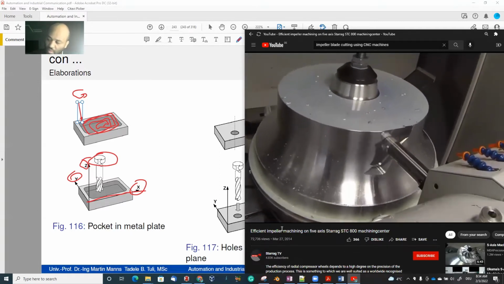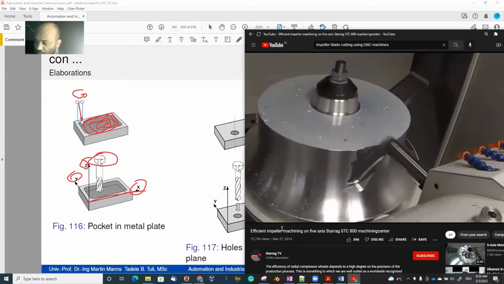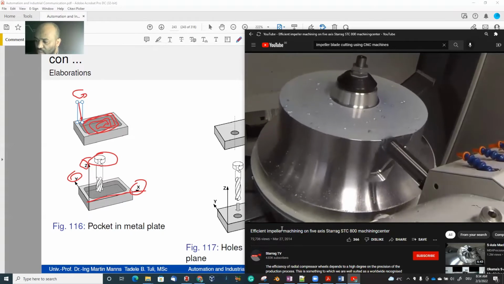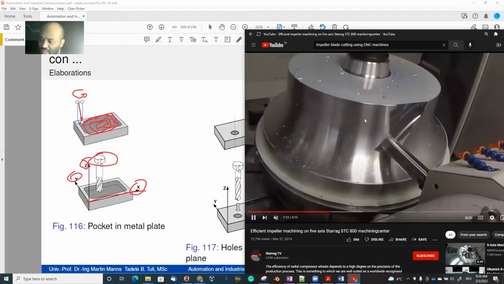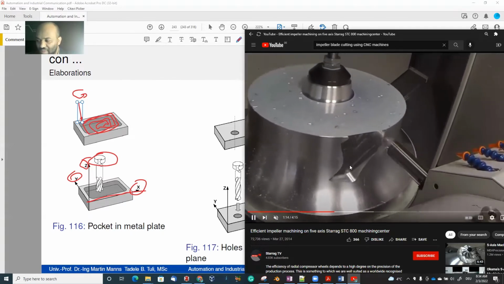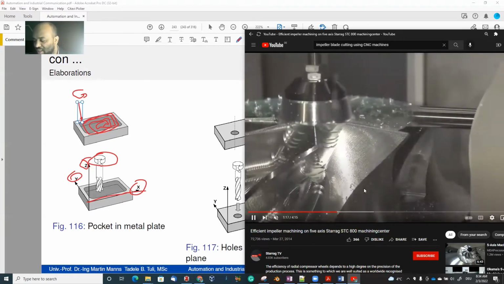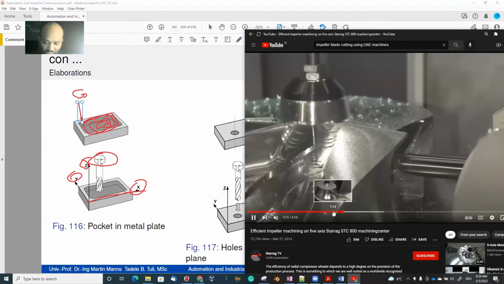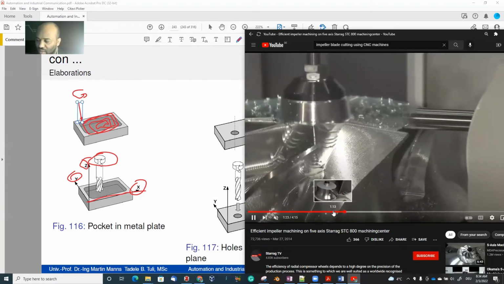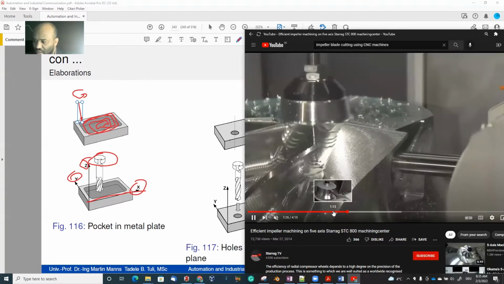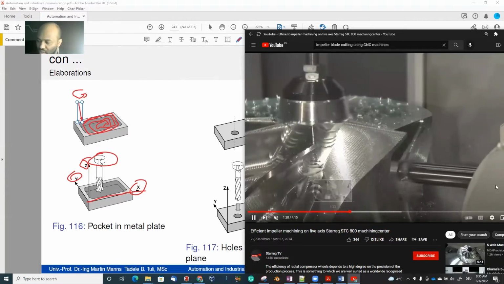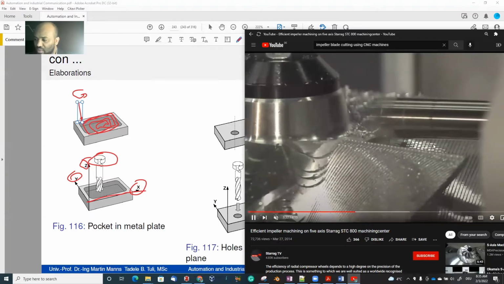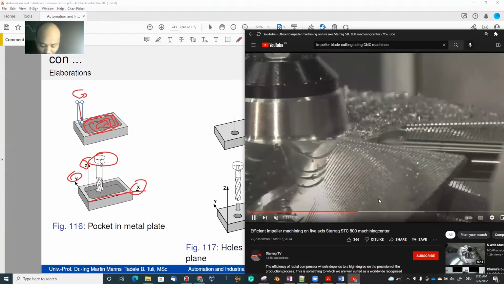Actually, this is an impeller pump, for example, and what the guy was doing is creating a really complex geometry, and he has to do all these operations. Each time the tool is rotating as well as linearly moving, and he has to do so many operations.